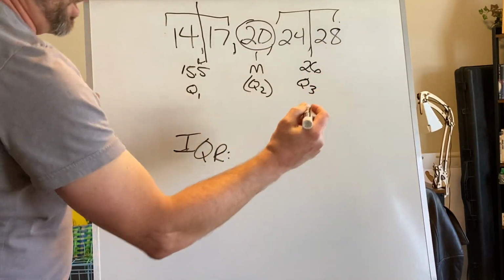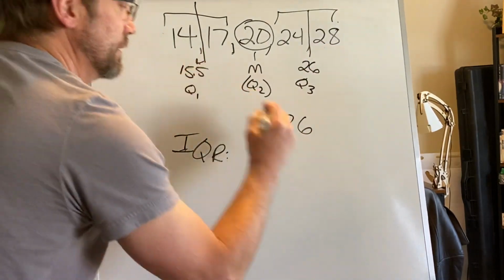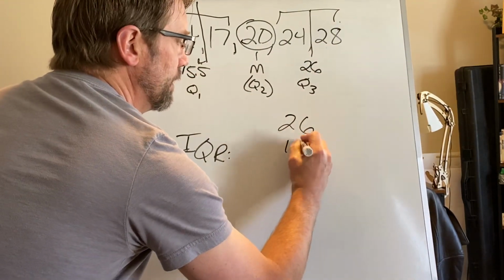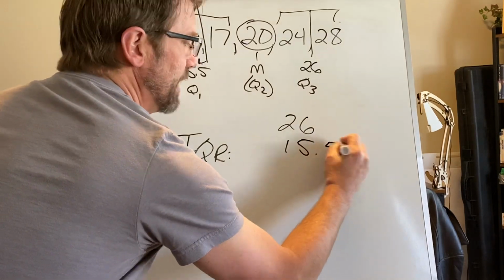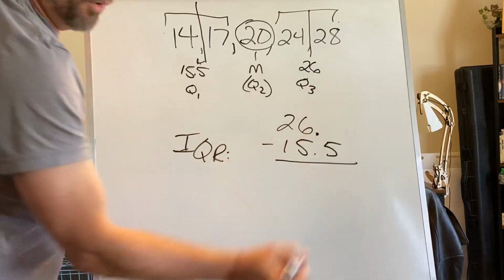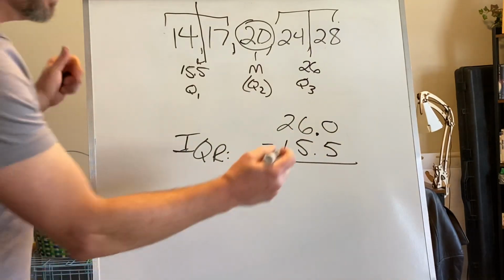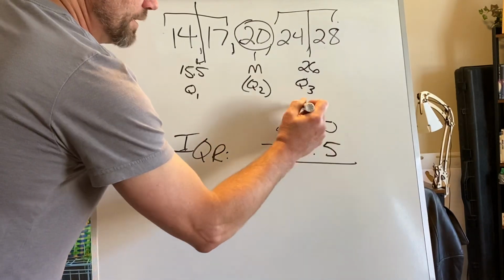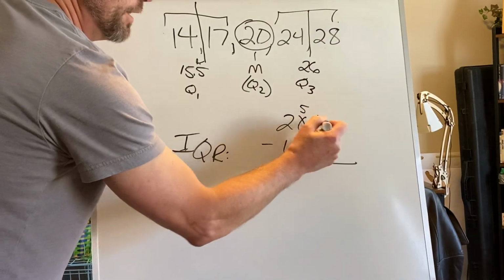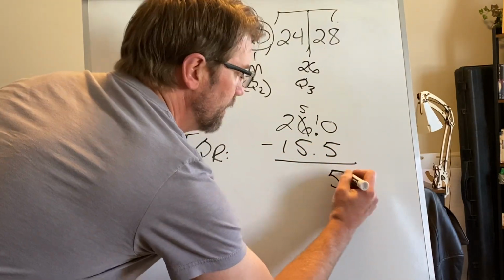So now we have to find our IQR, which is Q3 minus Q1. And just in case you forgot how to subtract decimals, we have to keep the points lined up and fill in with zeros, right? Borrow from the 6, make it a 5. 0 becomes 10. 10 minus 5 is 5.